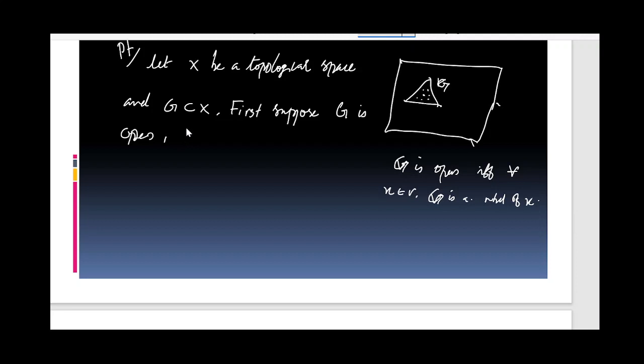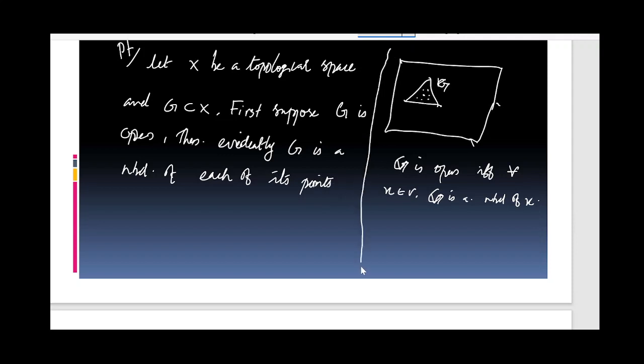Then evidently G is a neighborhood of each of its points. What's the reason? Reason is very clear.